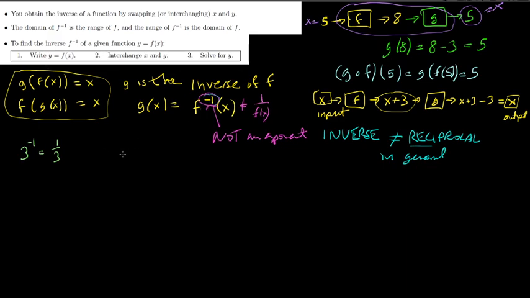So when you see this symbol here, the way to read this is you should just say the inverse of f, or even more concisely, just say f inverse. F inverse, the inverse of f. Not f to the -1. Not 1 over f of x.